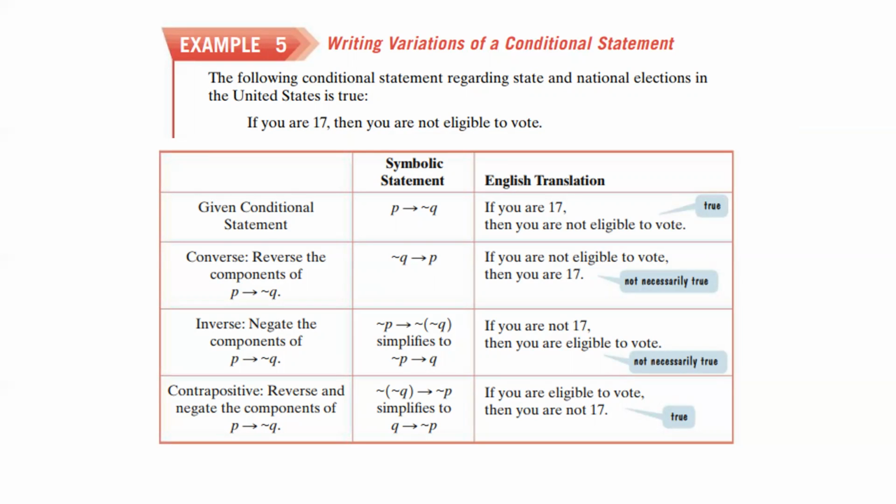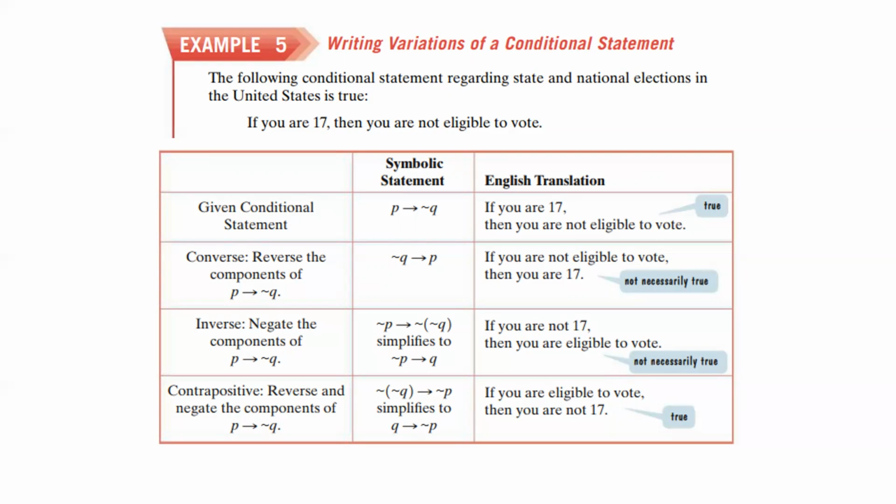And then finally, for contrapositive, this is the weird one. We flip the order of P and Q, and we negate both of those values. Originally we had if P, then tilde Q. Now we are going to have if Q, then tilde P. The nice thing about this table is it double negates our Q, but my brain works better to say, okay, it was a negation, now I'm going to turn it into an affirmative and just drop the negation.